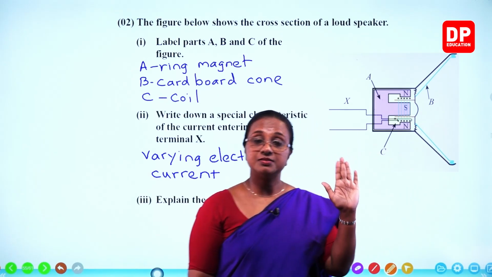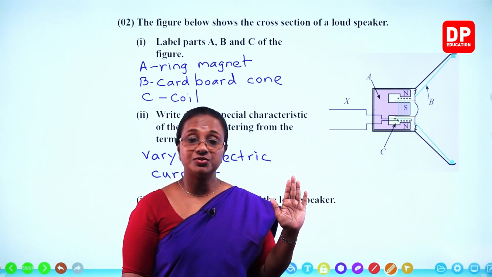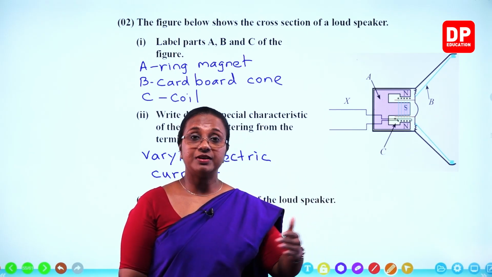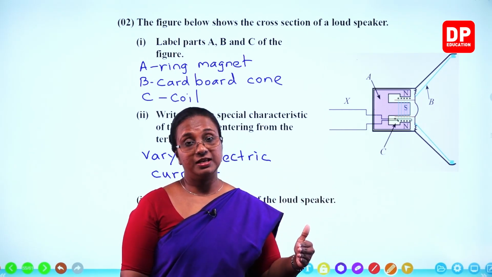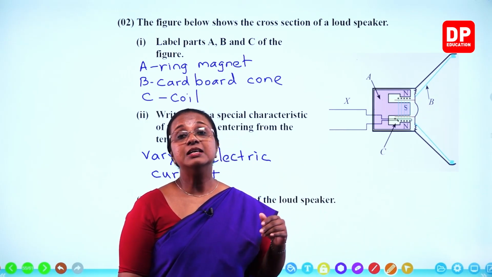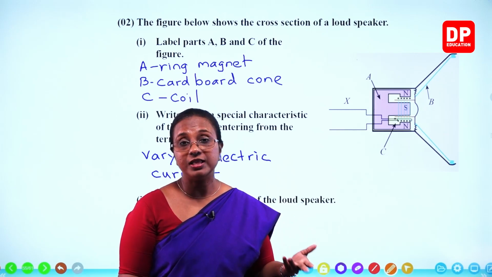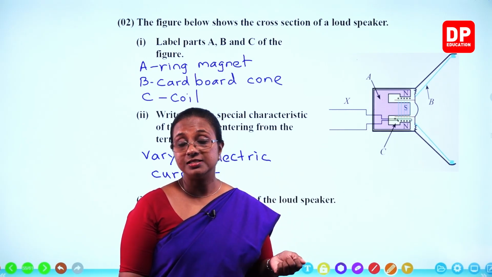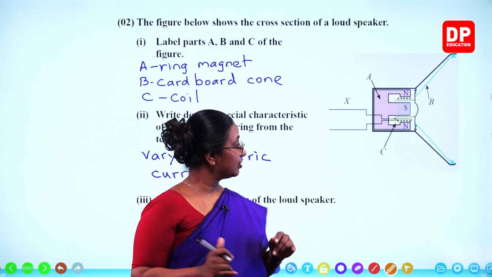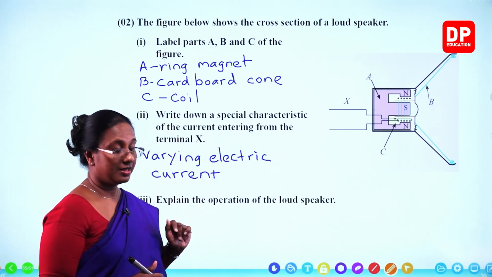When the surface is vibrating, that is the cardboard cone is vibrating, the air particles around it in front of it will also start vibrating. So, vibration of air particles will carry the sound energy. So, therefore, they become the longitudinal sound waves. I'm sure you all can remember that. So, that is what you need to write here.